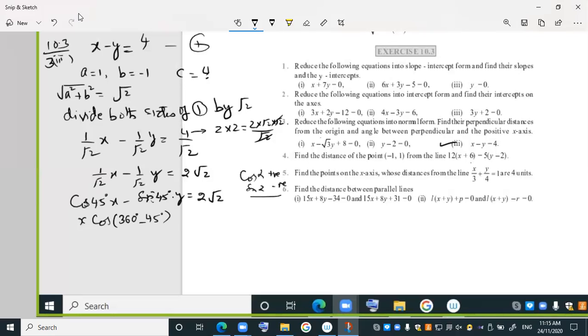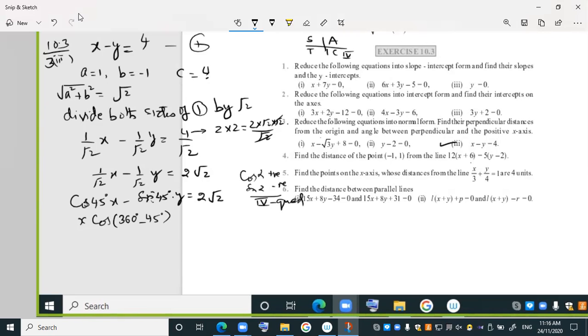So that means it lies in the fourth quadrant. Which quadrant? Fourth quadrant, because here all are positive, here sine positive, here tan positive, here cos positive. So cos is positive in the fourth quadrant, and sine is negative in the fourth quadrant.